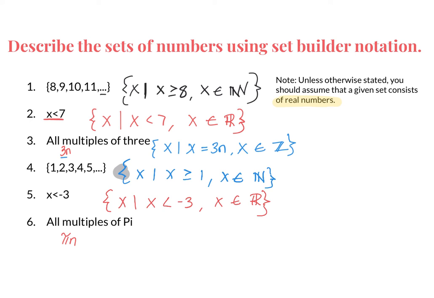And then because pi is my multiple, I'm going to have this in my x such that x is equal to pi n, where x is an element of irrational numbers because pi is irrational. Close.